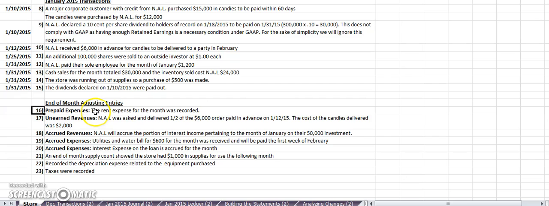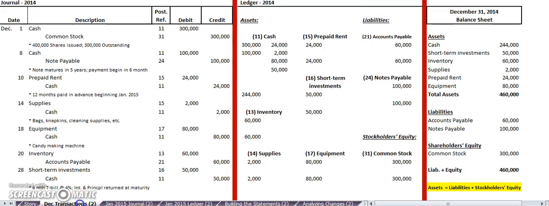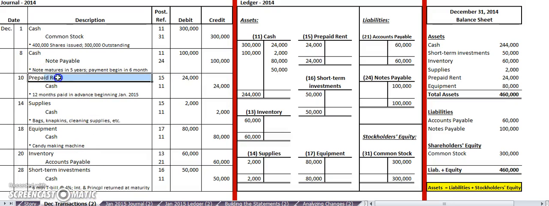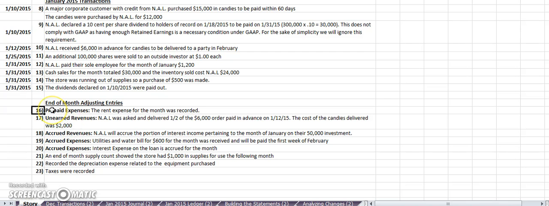In December, we prepaid $24,000 of rent in December of 2014 for the full year 2015, which would be $2,000 per month. And as you can see here, we established a prepaid rent account of $24,000. Well, 1 month's rent has passed by. So on January 31, 2015, we're going to adjust the prepaid expenses.